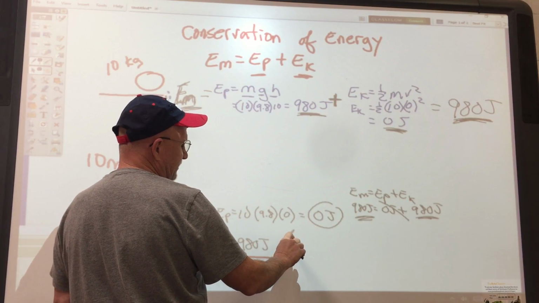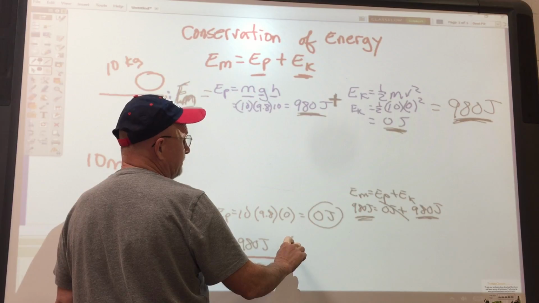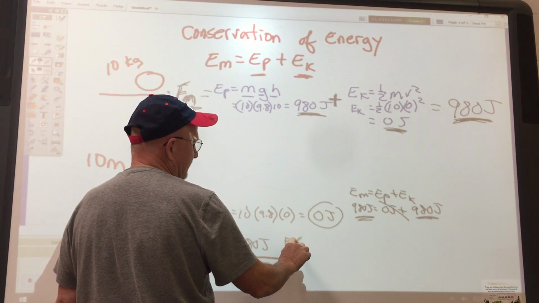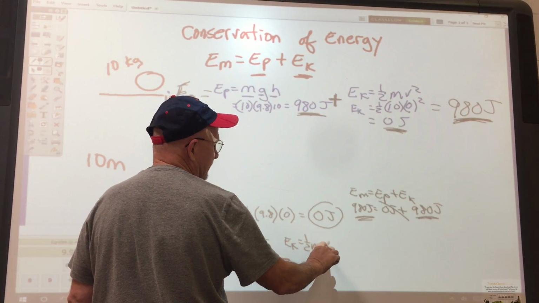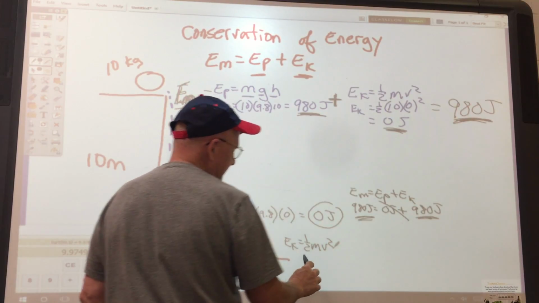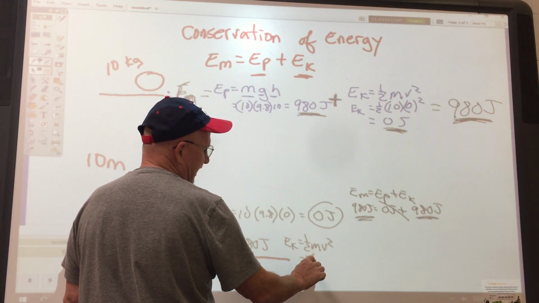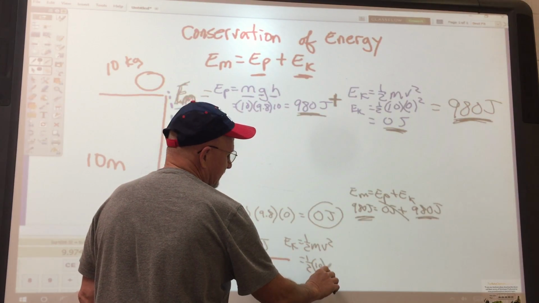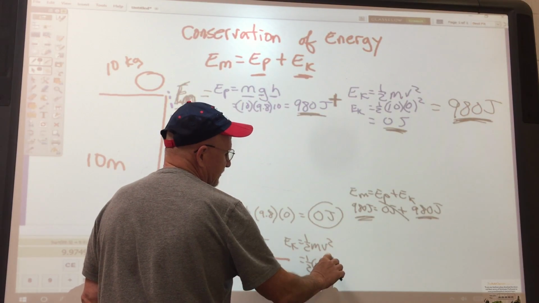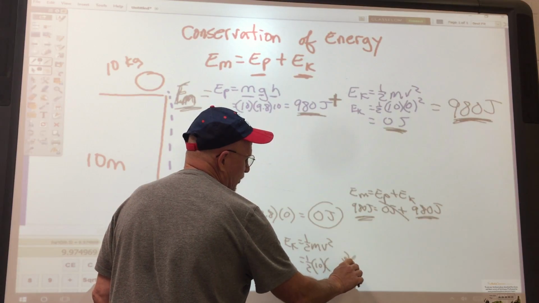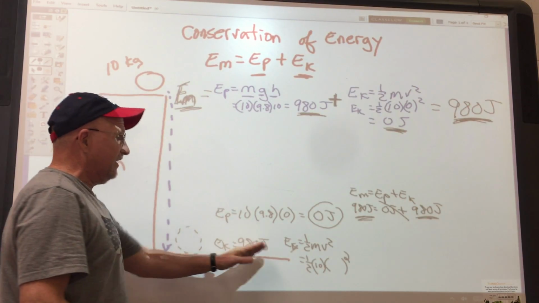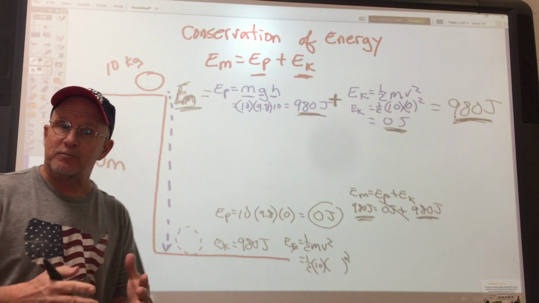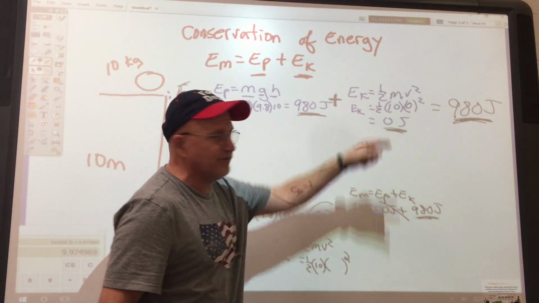If I use EK equals 1/2 mv squared, then I know the mass. I have 1/2 the mass, and the mass is 10. But now I need a velocity. I need something in there to square to be able to find the EK. I know that it's 980, but I want to prove it by using this formula.